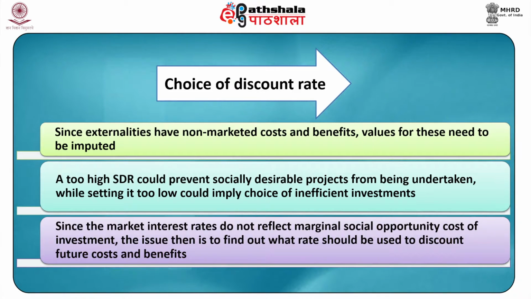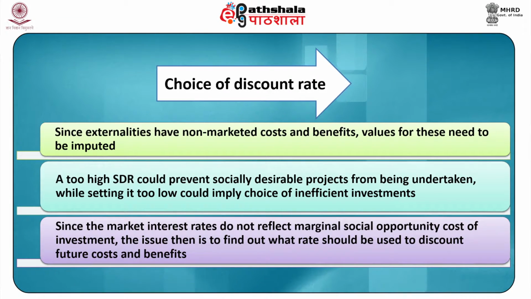Choice of discount rate. Calculation of the appropriate social discount rate, which is also called SDR, is crucial to CBA. A too high SDR could prevent socially desirable projects from being undertaken, while setting it too low could imply choice of inefficient investments.